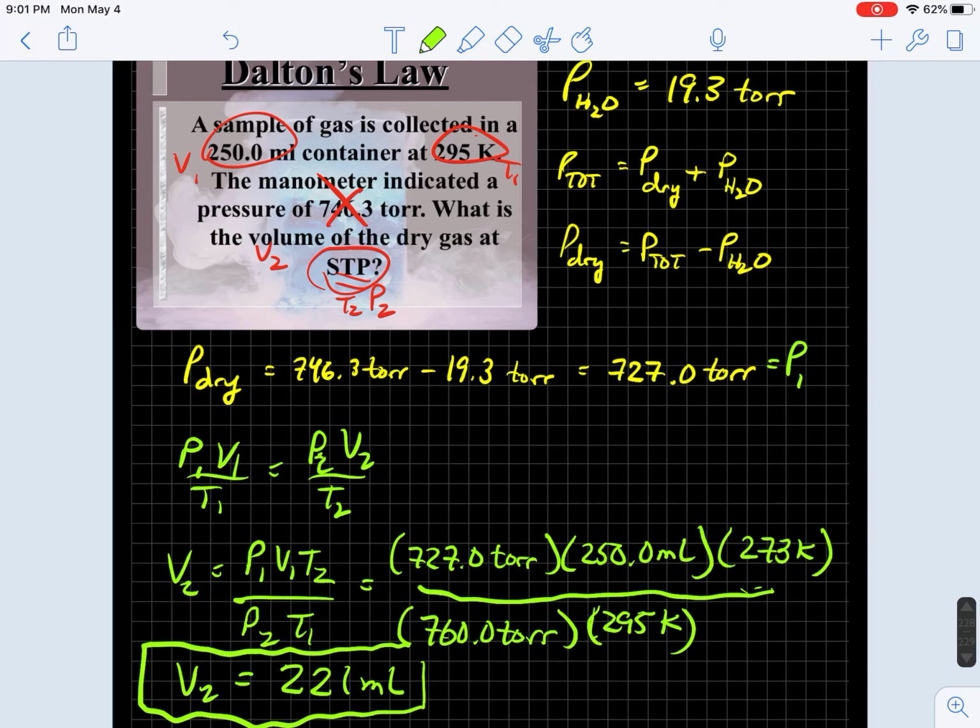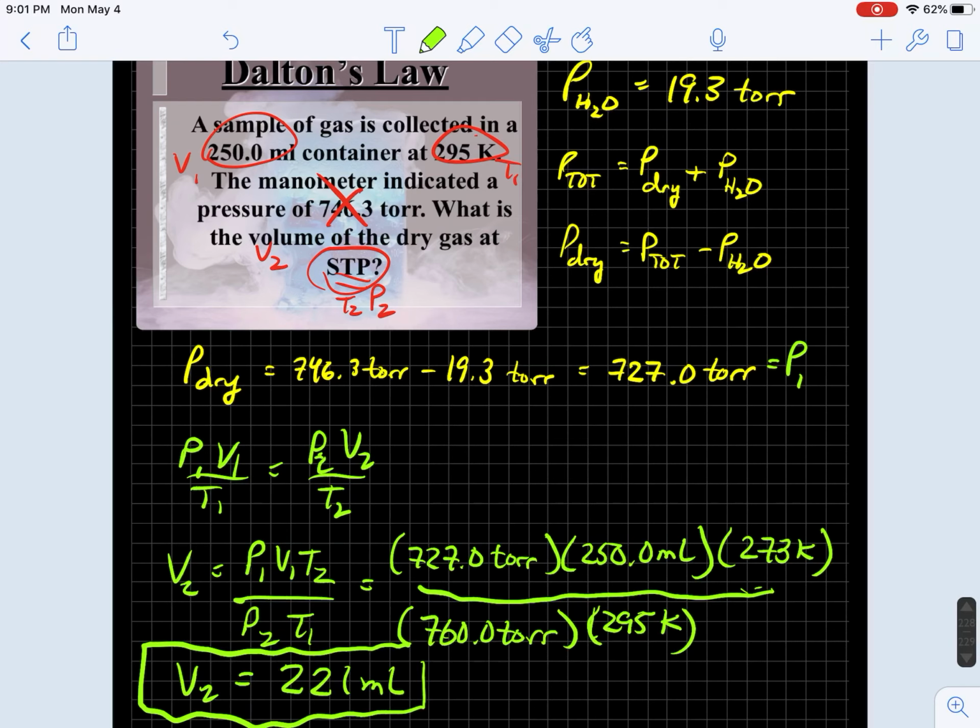So we would run this experiment at 295 K, so 22 degrees Celsius, about 74 degrees Fahrenheit, and we would get a pressure of our dry gas at 727 torr and a volume of 250 milliliters. We fill the container. However, slight differences in temperature, right?